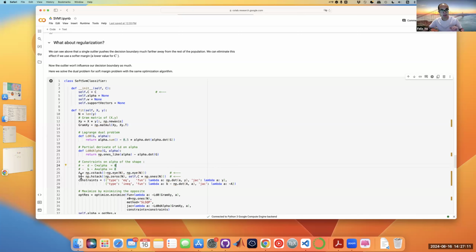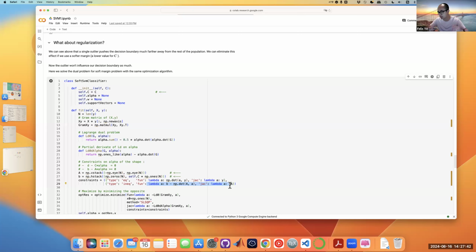Correspondingly, b on the top will be a bunch of zeros, and the bottom will just be a column of C's, which in this case will be lambda. So the only difference is that we changed these inequalities to ensure the condition that alpha is bigger than 0 and less than lambda.